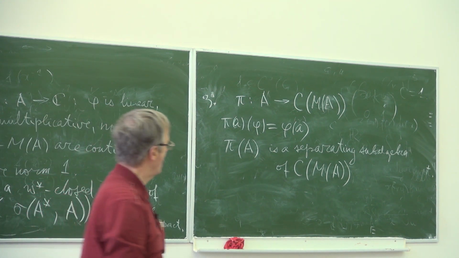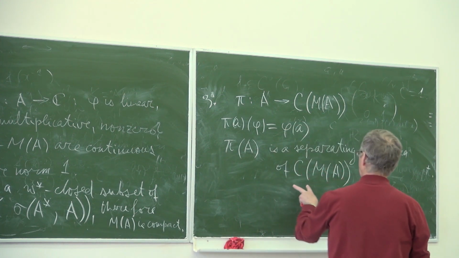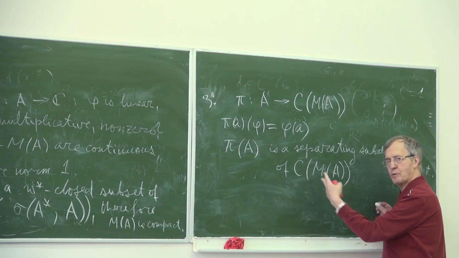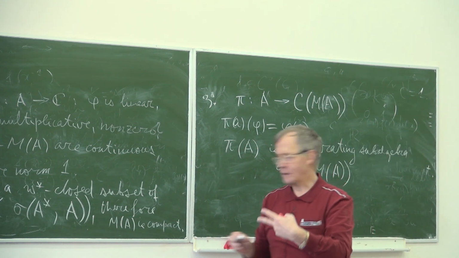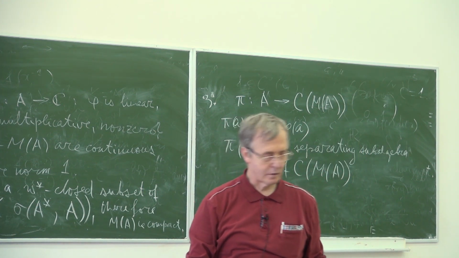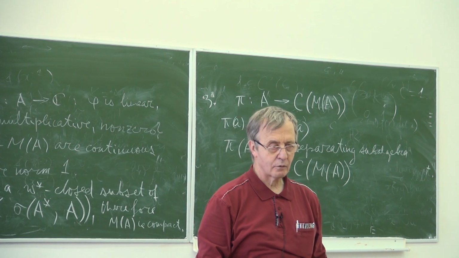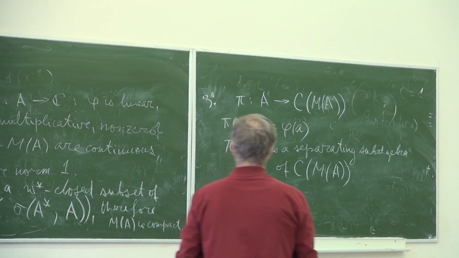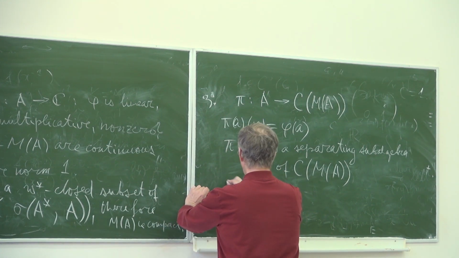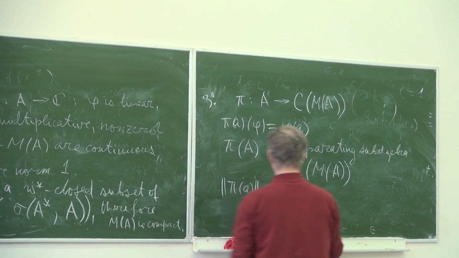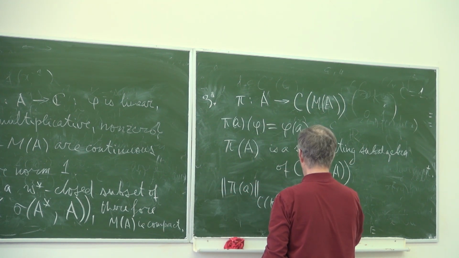Now, this is important because if in some particular case we know that this image is also self-adjoint, then we can use the Stone-Weierstrass theorem and conclude that it is dense in C(K). Now, the norm of pi of a in C of K is the so-called spectral norm.